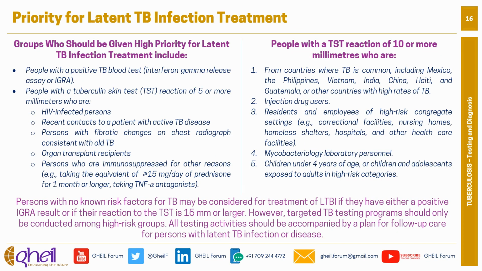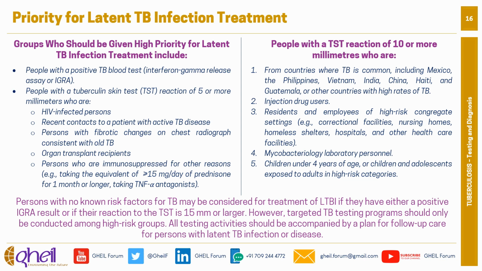Priority for latent TB infection treatment. Groups who should be given high priority for latent TB infection treatment include people with a positive TB blood test, interferon gamma release assay or IGRA, people with a tuberculin skin test, TST, reaction of 5 or more millimeters who are HIV infected persons.